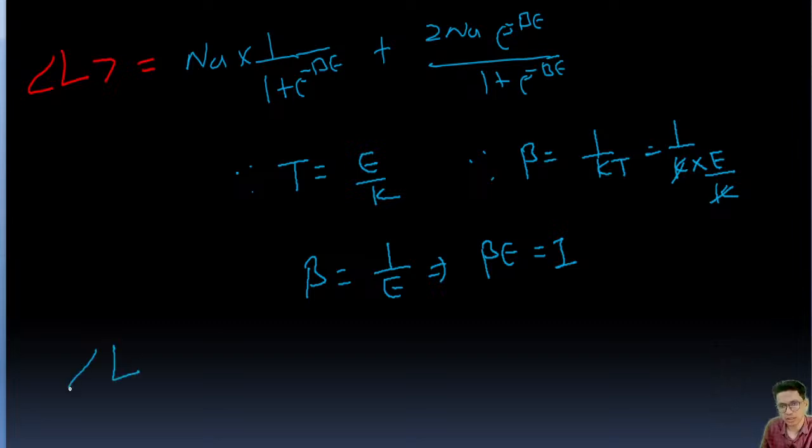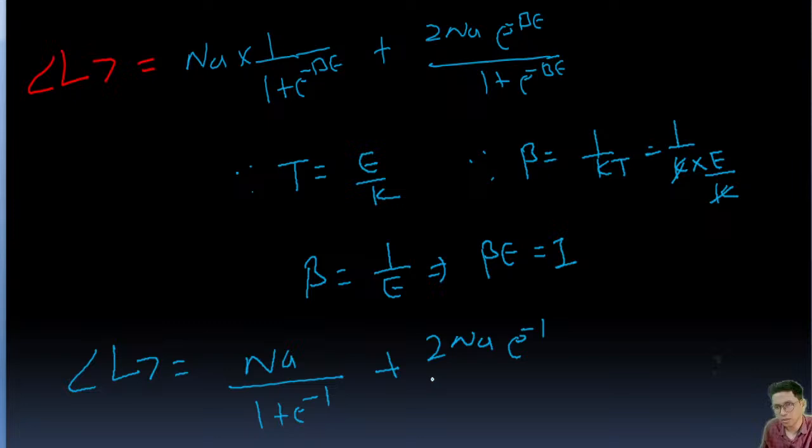So the average length is going to be NA upon 1 plus e to the power minus 1, plus 2NA e to the power minus 1 upon 1 plus e to the power minus 1. Okay, so we'll solve it. So the average length L is going to be NA, we can take common.